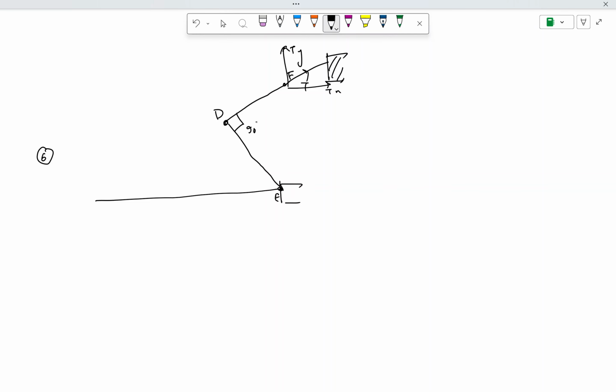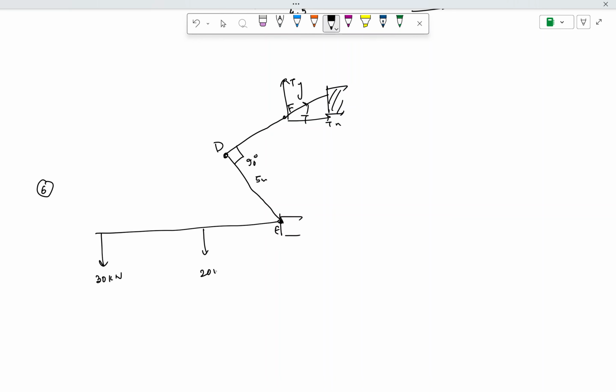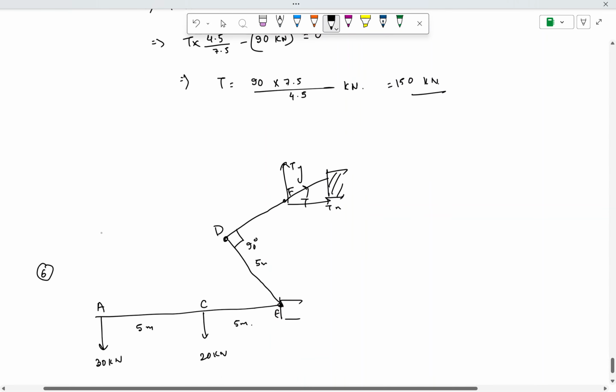This angle is 90 degrees. This distance is 5 meter. And there are the 30 and 20 acting, right? So this is 20 kilonewton and this is 30 kilonewton. Now this is 5 meter and this is 5 meter. C and this is A.